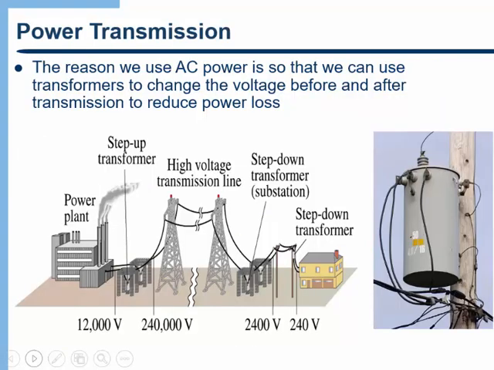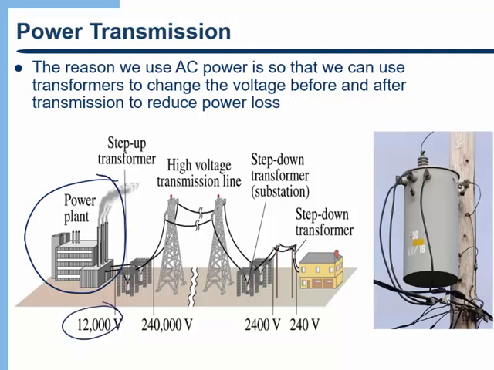The last slide on information from chapter 28 shows you how this actually works in the power grid. Again, we want to transfer our power at high voltage because we lose the smallest percent of the energy that way. At the power plant, we've got generators. They're going to generate electricity at a pretty high voltage.